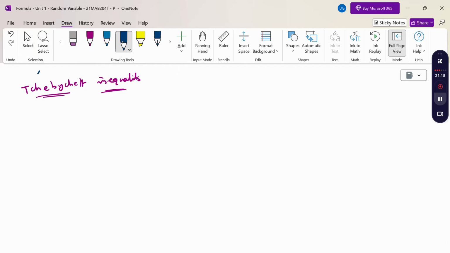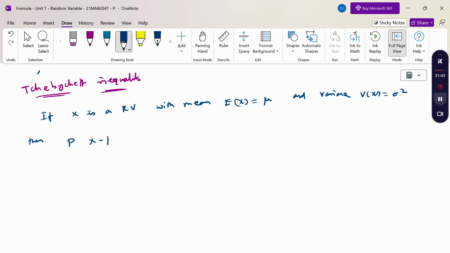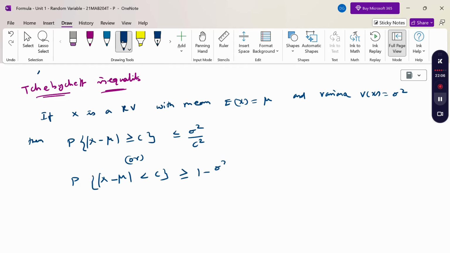The definition is: if X is a random variable with mean E of X equal to mu and variance V of X equal to sigma square, then probability of modulus of X minus mu greater than or equal to c is less than or equal to sigma square by c square, or probability of modulus of X minus mu less than c is greater than or equal to 1 minus sigma square by c square.